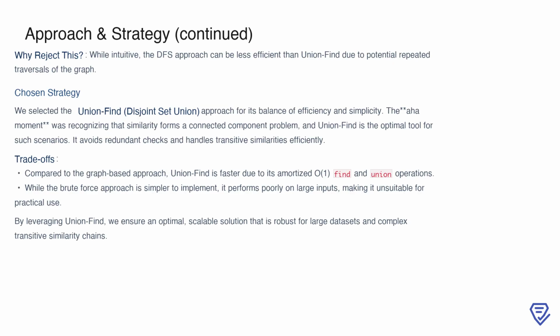With its amortized O(1) operations for both find and union, union find is faster than graph-based DFS for determining component membership. While the brute force approach is simpler to implement, its inefficiency on larger inputs makes it unsuitable for real-world applications. By leveraging union find, we achieve an optimal balance between simplicity and scalability, making our solution robust even for large datasets and complex similarity chains.